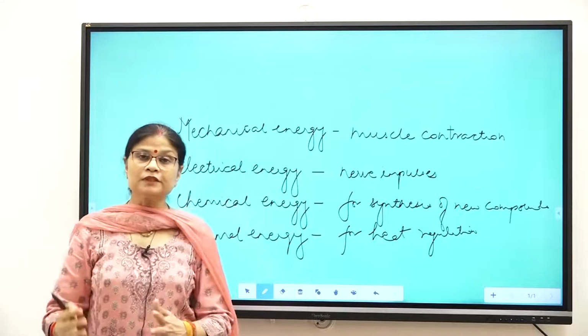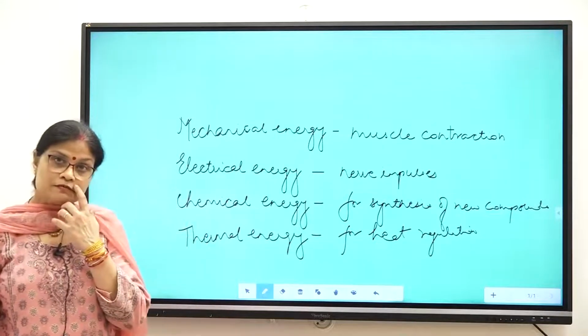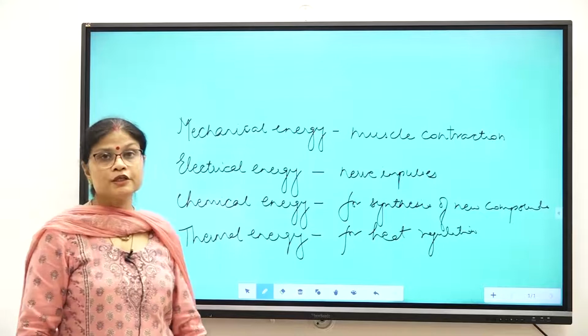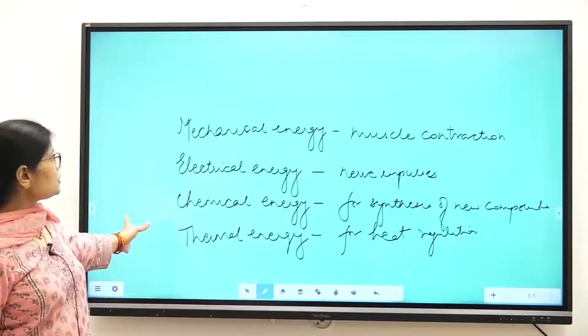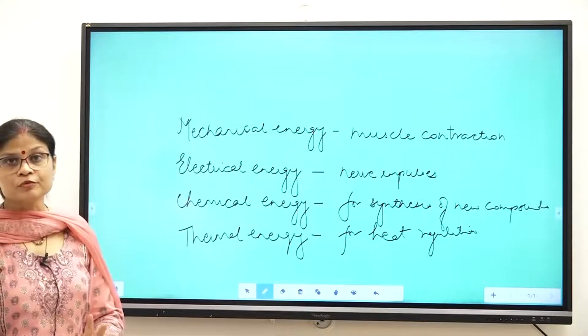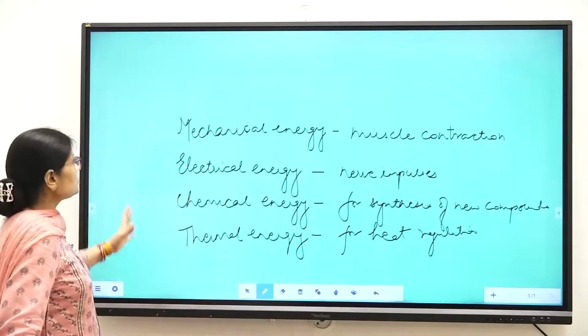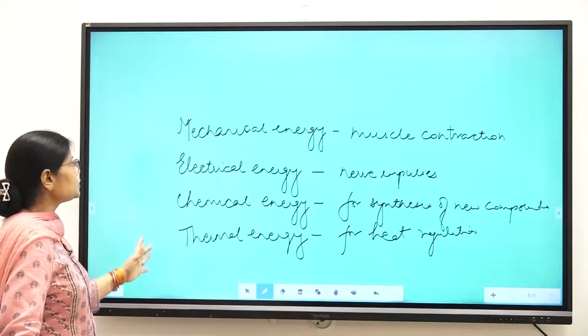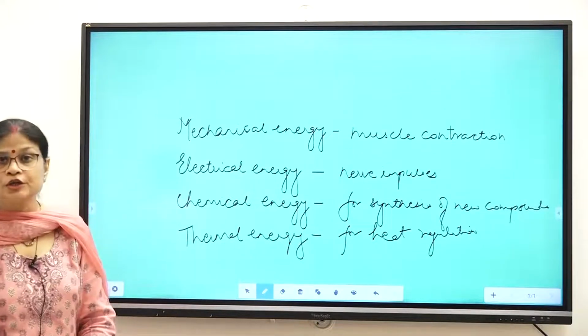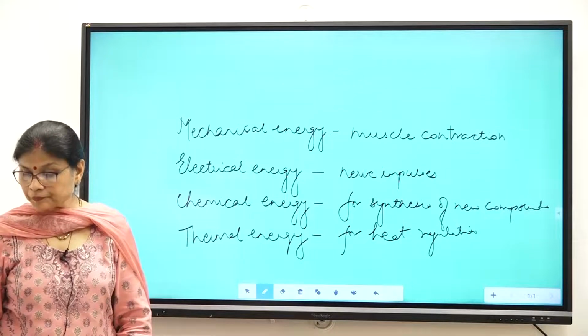The law of conservation says that energy cannot be created nor destroyed, and it can be transformed from one form to another. So, the stored potential energy can be transformed to mechanical, electrical, chemical or thermal energy.